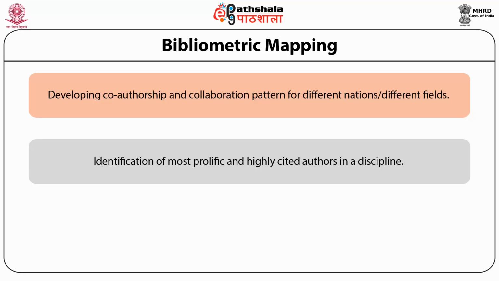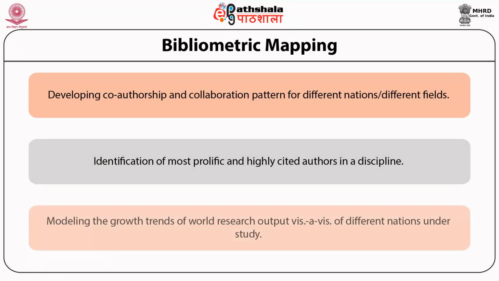Bibliometric mapping, that is, the scientific output, can be used to model the growth trends of world research as well as of different nations which have been considered for study.